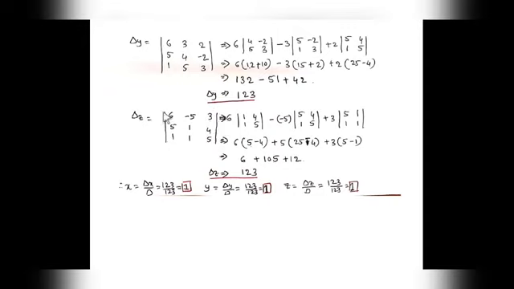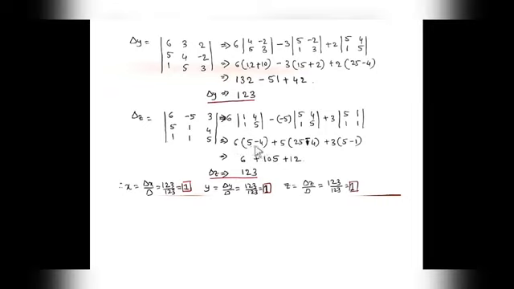Now again, to find the value of this determinant, I have to expand it by the first row. 6 into minor of 6 is this, minus 5 into minor of the minus 5, and plus 3 into the minor of plus 3. 6 into 5 minus 1 4s are 4, minus plus 5 into 25 minus 4, plus 3 into 5 minus 1.